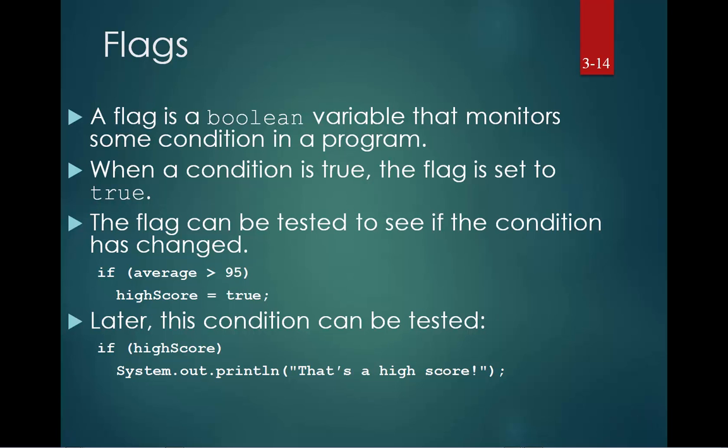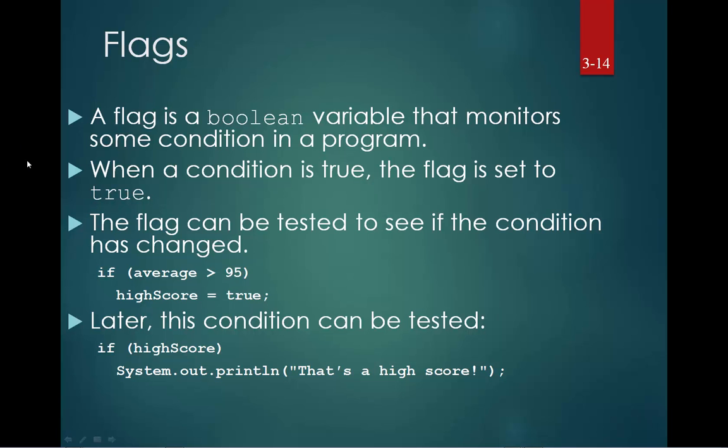We call that type of variable a flag, especially when it's used to monitor a condition in a program and actually govern the execution of parts of code in the program using if statements.